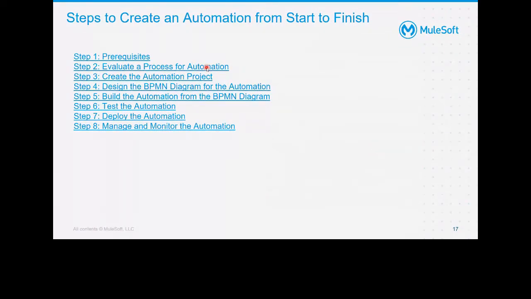Once evaluation is completed, you create the automation project, you design the BPN in the design phase, then you do the actual build or implementation of that BPN, and then you'll test that automation, and then you'll deploy it. And of course, you'll also monitor and manage it once it's in production. So these are the overall steps involved in creating the RPA bot.